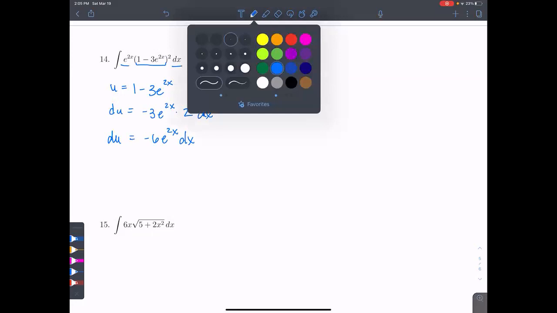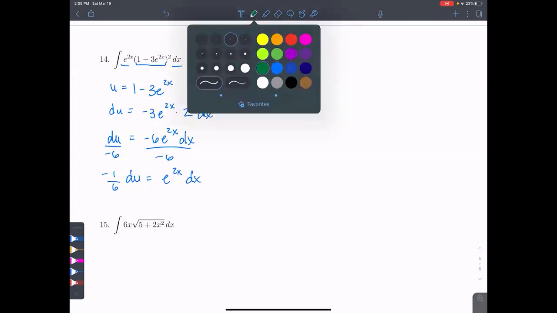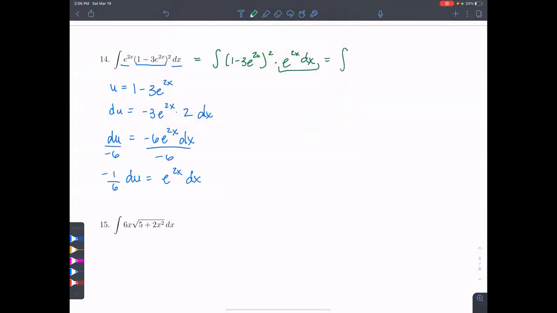So if I rewrite this as the integral of 1 minus 3e to the 2x squared times e to the 2x dx, that's the thing I need to substitute here. So I'm going to divide by negative 6. So I have negative 1/6 du equals e to the 2x dx. So making that substitution, I have u squared times negative 1/6 du.